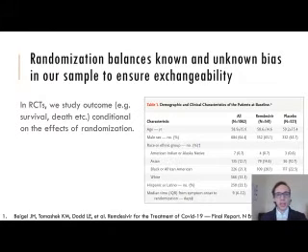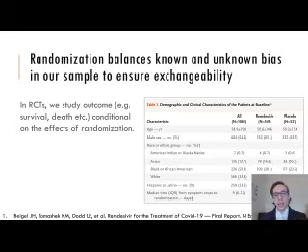And that's demonstrated here in this table from the New England Journal of Medicine. As you can see, in the remdesivir group and in the placebo group, there's essentially an equal distribution of characteristics among those that received remdesivir and those that received placebo.